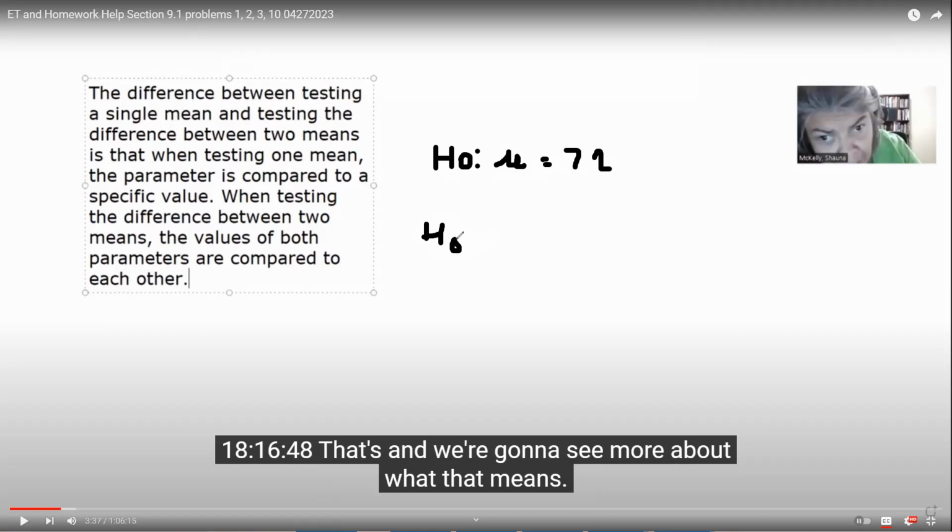So we get something like H0: mu1 is equal to mu2. So we're comparing two means to each other when we do that. Okay, that's the difference. So when testing one mean, we compare the parameter to some value that we have. When you're testing the difference between two means, the values of the parameters, the means, are compared to each other. That's question 1 on the homework.